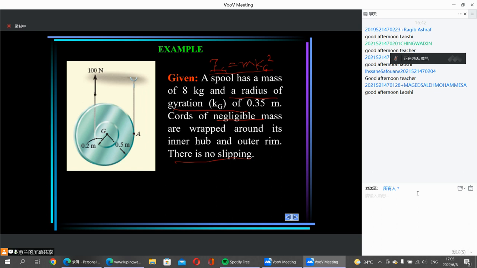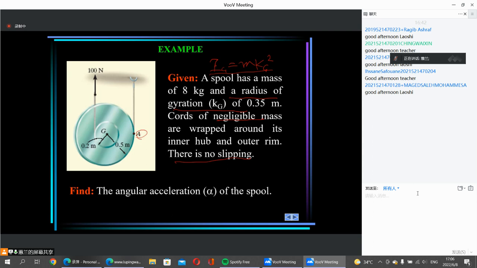Because there is no slipping, the contact point A will be the IC. We need to find the angular acceleration of the spool. So first thing, we know this disk is doing general motion, right? It's not translating for sure, and it's not rotating about a fixed axis because the axis is actually moving.